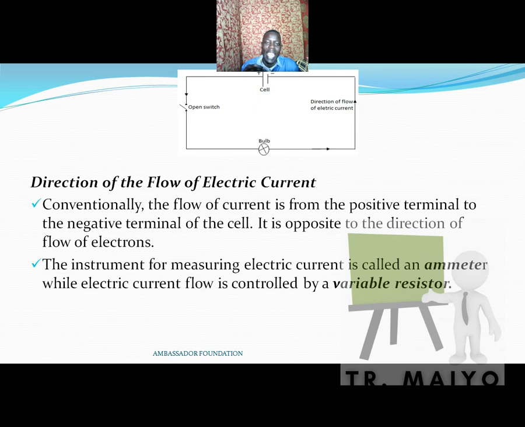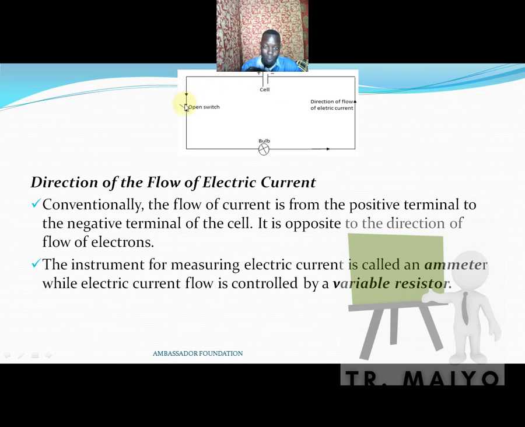For current to flow, electrons must flow. And when electrons are flowing, current is flowing. They flow in opposite directions. Electrons are flowing from the negative terminal of the cell in this manner. Current is flowing from the positive terminal of the cell in this direction.